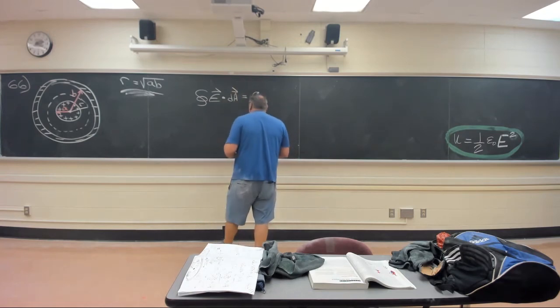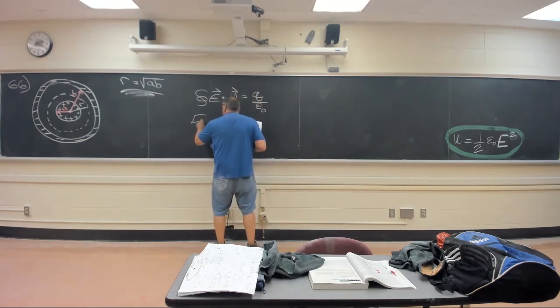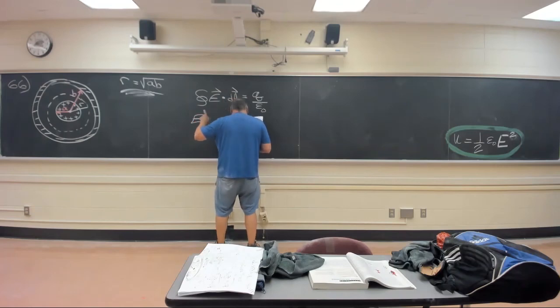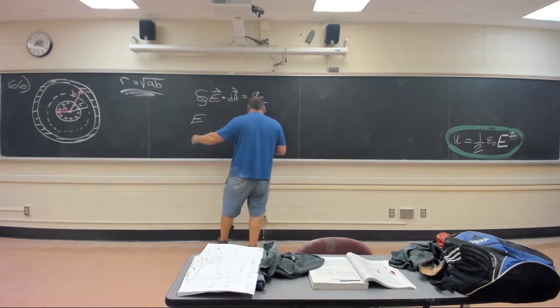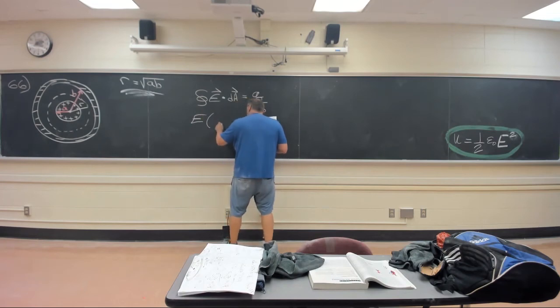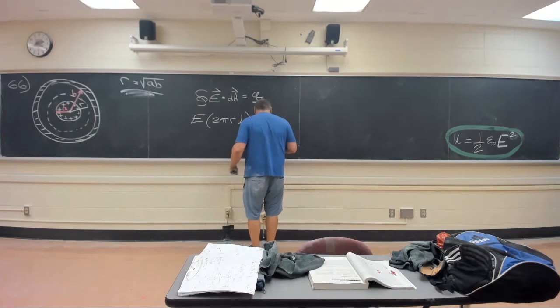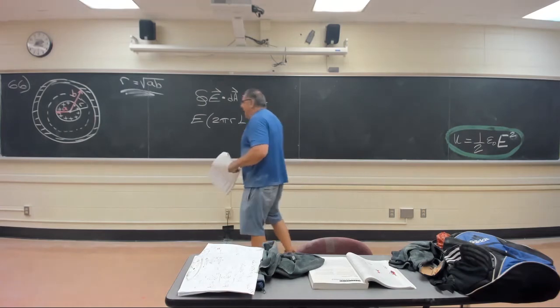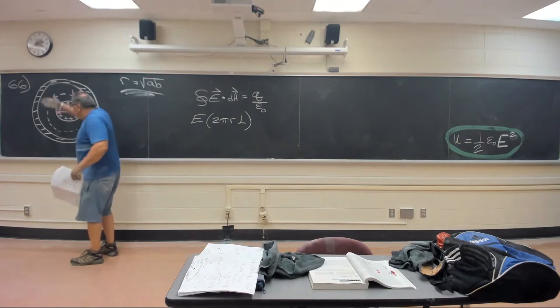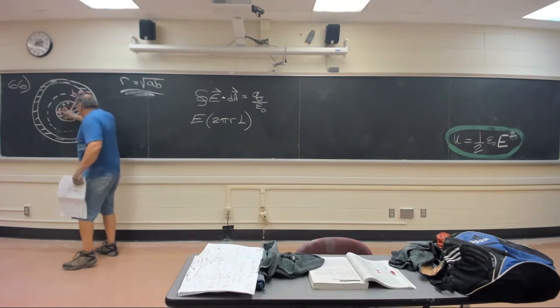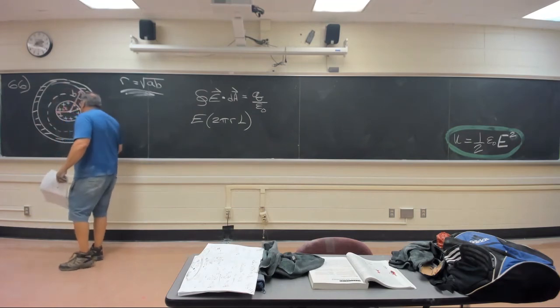So the E field is constant at that radius, at any particular radius r. It's got a different value depending where you are, r-wise, but 2 pi r times L. The stuff perpendicular to the axis is not going to matter.